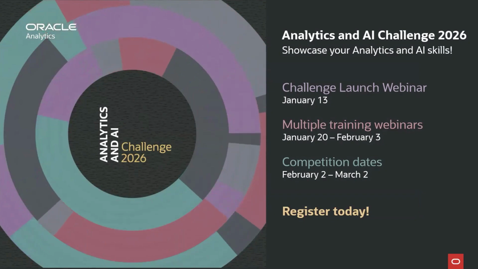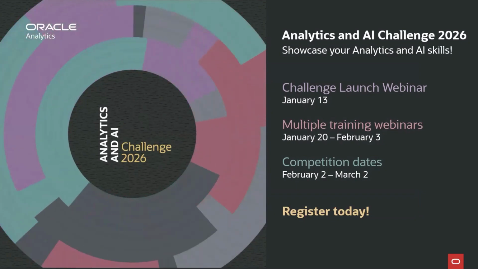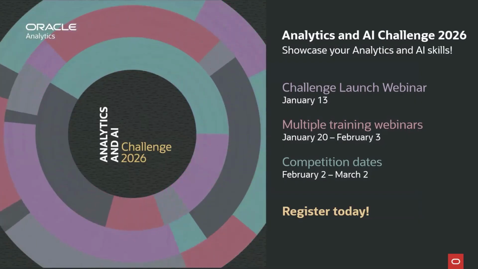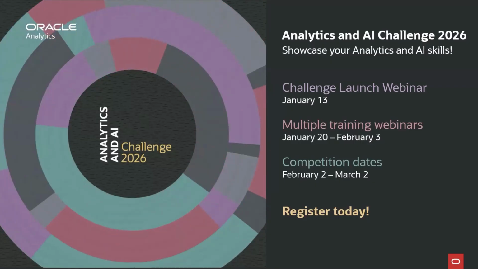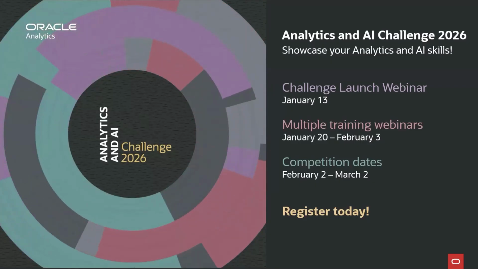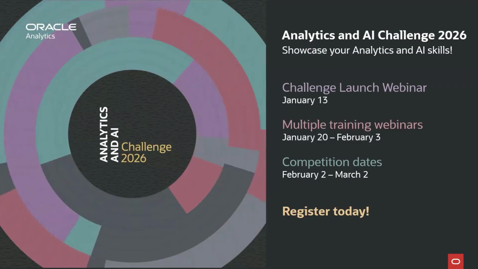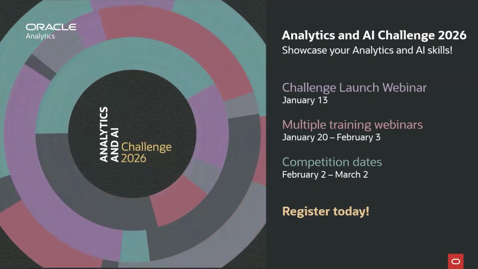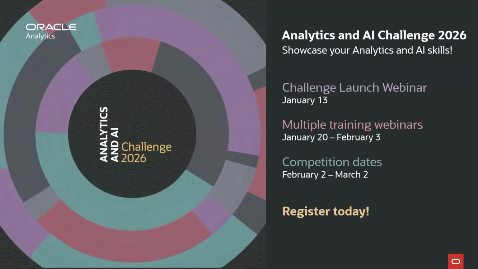You will be able to create a data visualization and submit it. What is good is that it's open to all beginners, which means that even if you never created a data visualization, between January 13th and March 2nd, you will have training, you will have a free instance of Oracle Analytics.